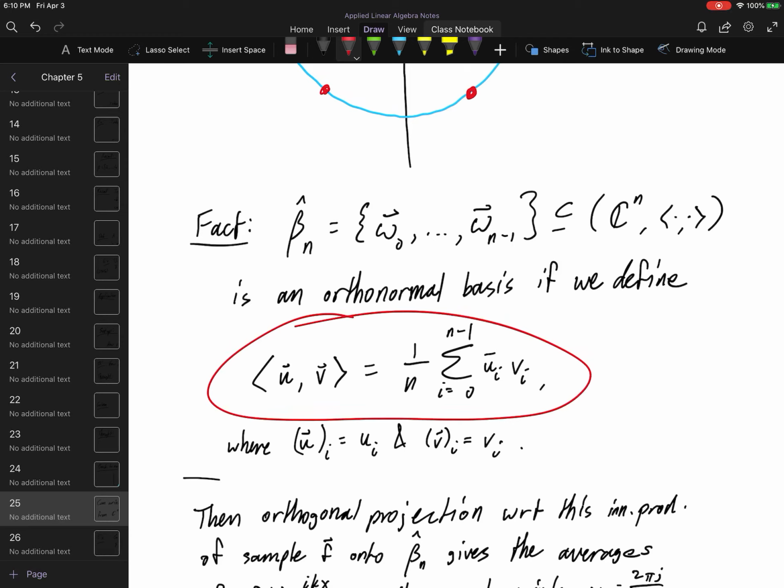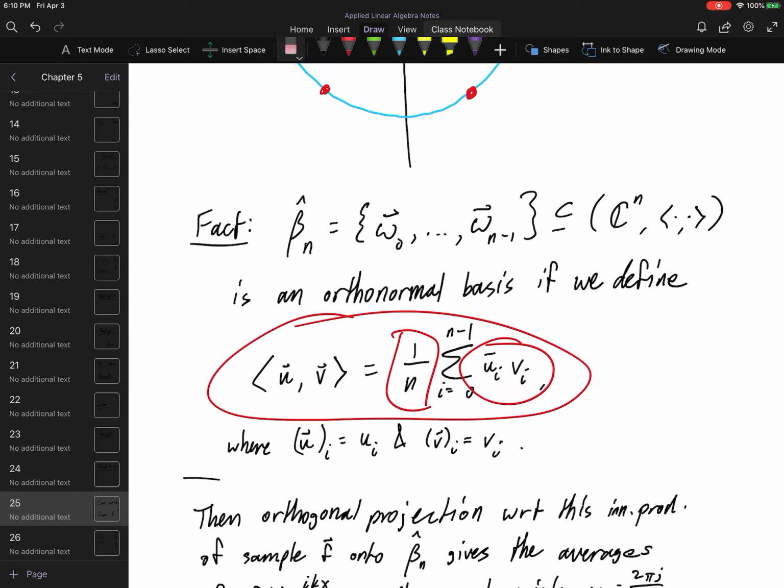We're working in a complex Euclidean space now, but our dot product looks like the usual complex conjugation, so it's our usual L2 inner product. But we're also going to scale this down by 1 over n. So this one is important.